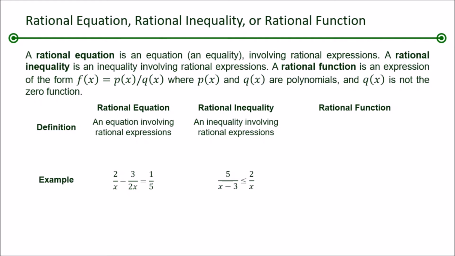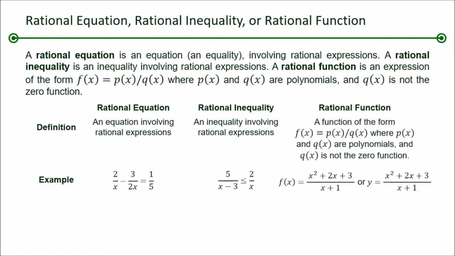So example, we have 5 over x minus 3 is less than or equal to 2 over x. The main difference between a rational equation and a rational inequality is simply replacing the equal signs by signs of inequalities such as less than, greater than, less than or equal to, or greater than or equal to.